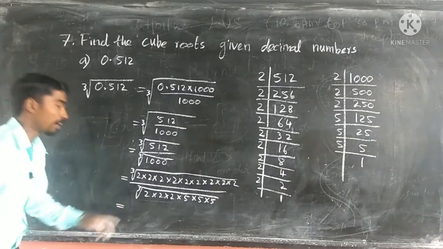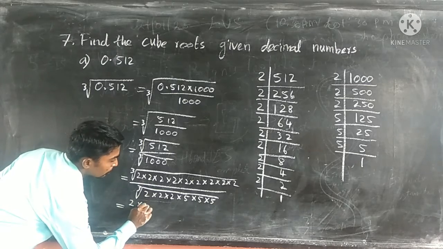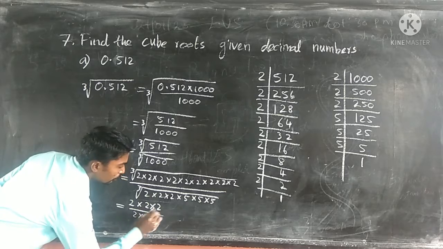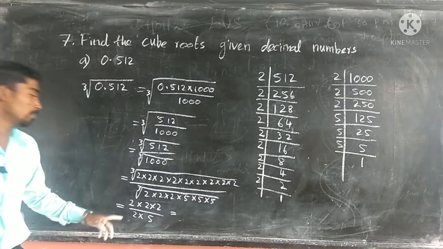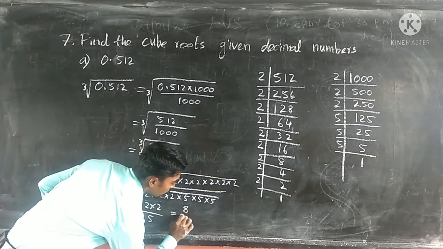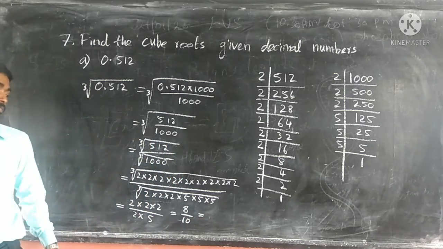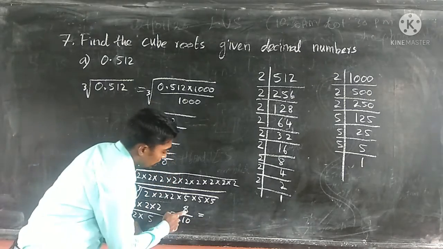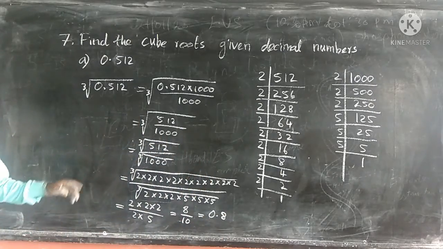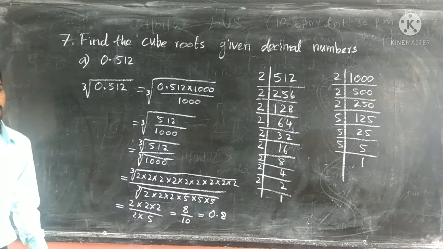So taking one factor from each triplet, we get 2 into 2 into 2 divided by 2 into 5. 2 2s are 4, 4 2s are 8, divided by 2 5s are 10. If you divide 8 by 10, you will get 0.8. Therefore, cube root of 0.512 is 0.8.